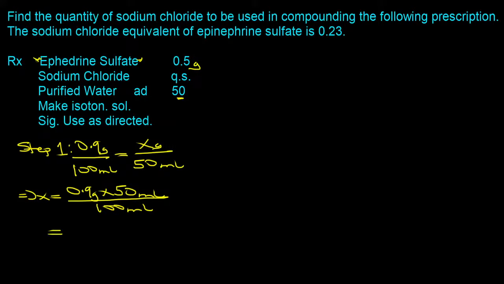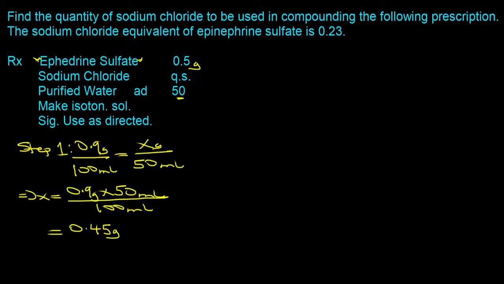That gives a quantity of 0.45 grams. So if you took 0.45 grams or 450 milligrams of sodium chloride and dumped it into a 50 milliliter volume of purified water, that preparation will be isotonic.